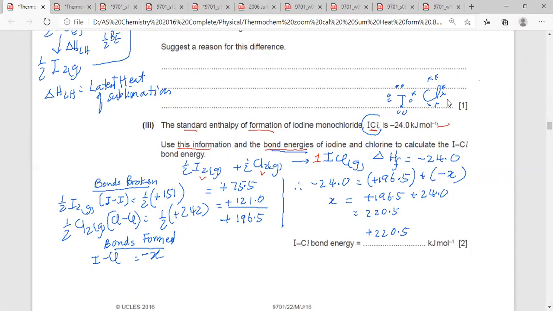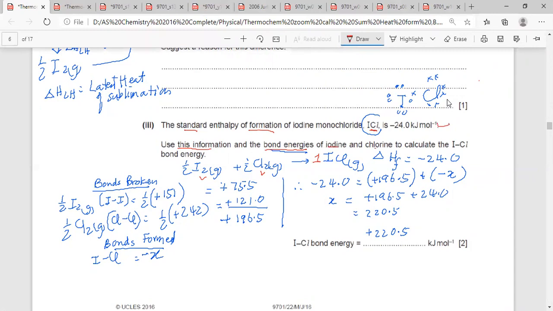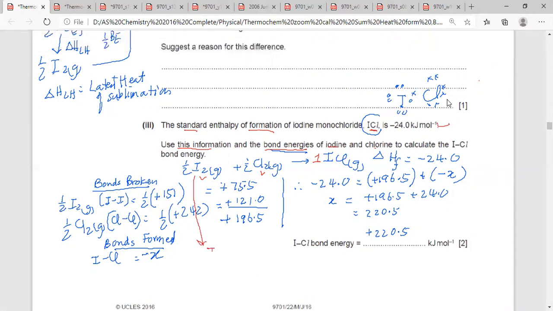Follow the question. Read the question carefully. Okay, bond energies of iodine and so forth here. So bond energy means you want to draw here: you go to I gas, and this goes to Cl gas. Half means half here plus half here. You want to do the whole thing, but the simpler way, of course, if it's all gas here, is to consider bonds broken and bonds formed, the easiest way.